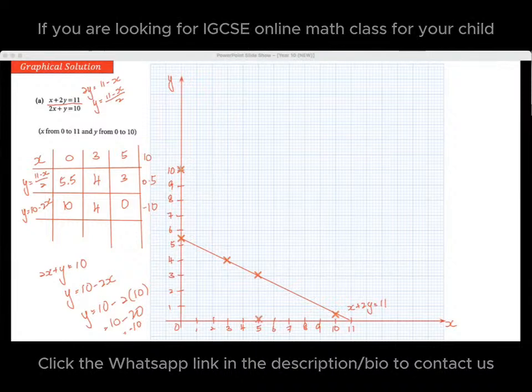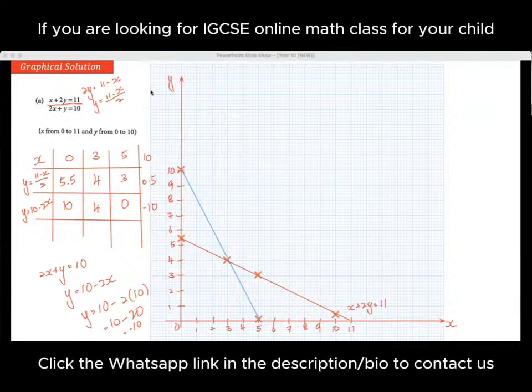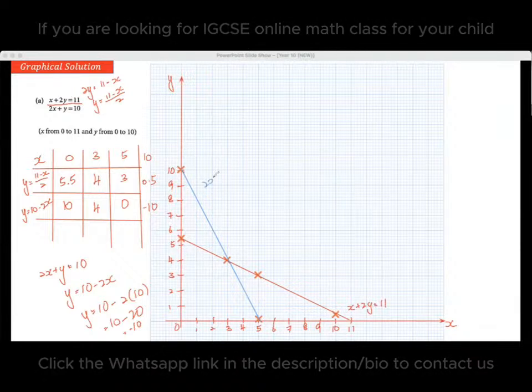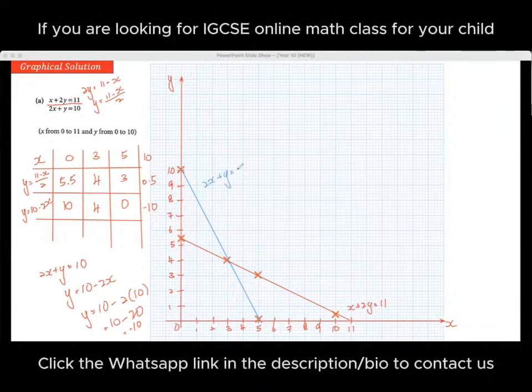Then when I plot it, you will see that 2x plus y equals 10. So if we are looking for solutions, we are looking at this point, the intersection point.